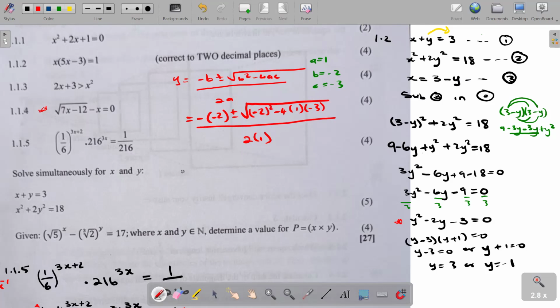2 times 1. So it means your y is equal to, or your y is equal to, go to the calculator.